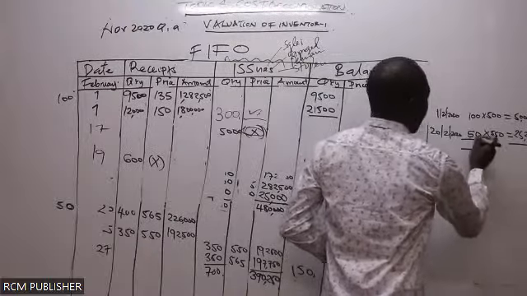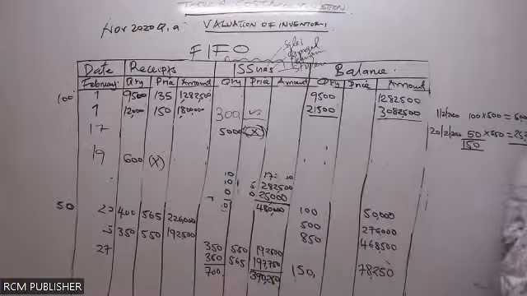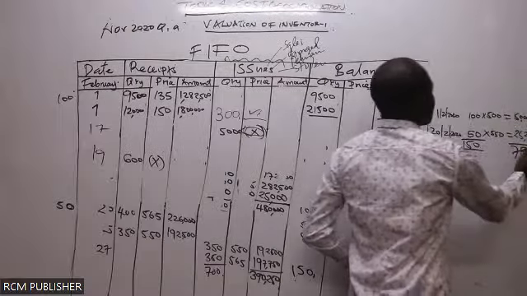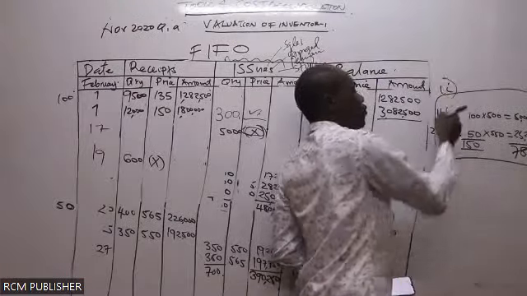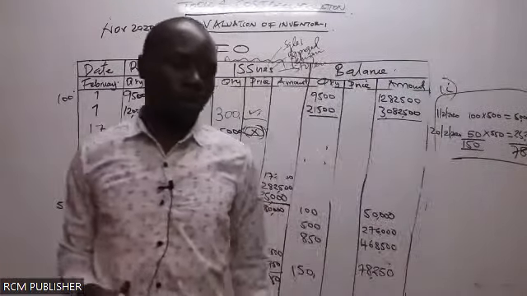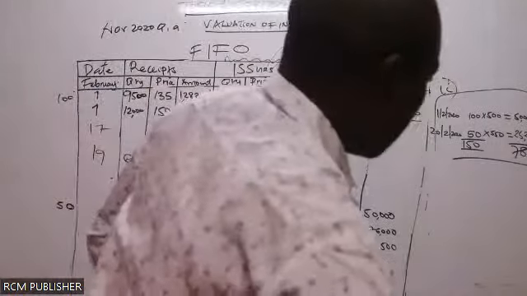Then we have a total of 150. Then you get 78,750. So this is what they want you to do in Roman 2 of that question.